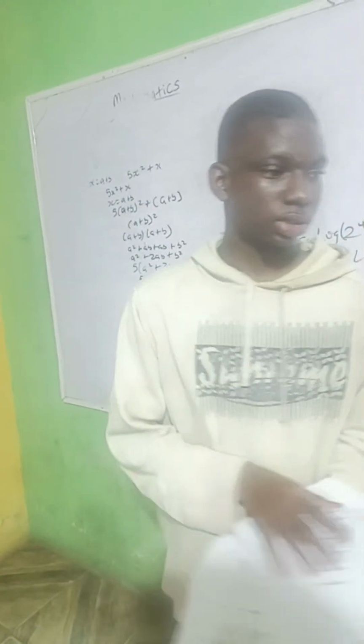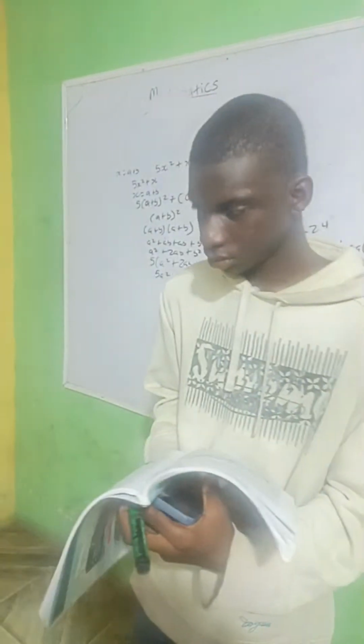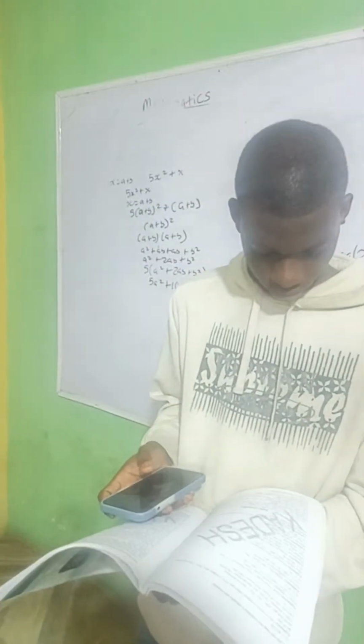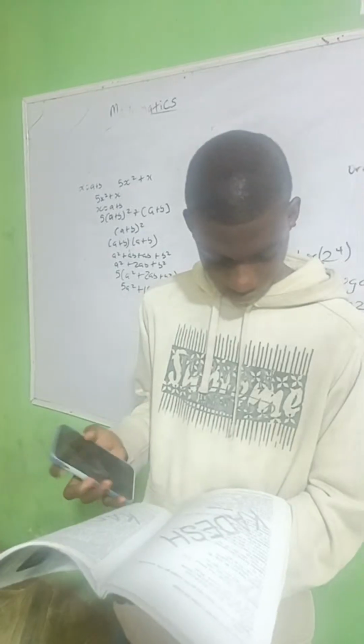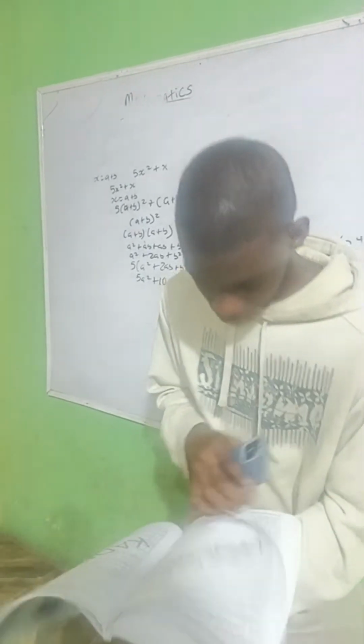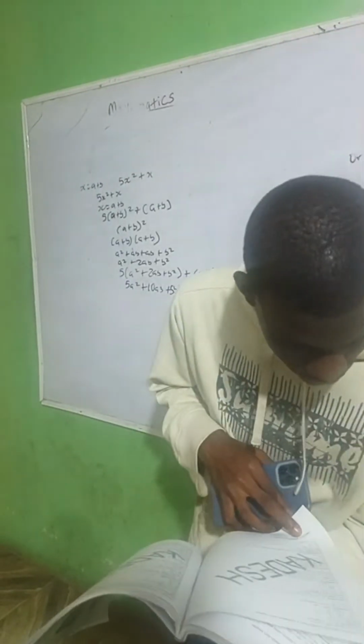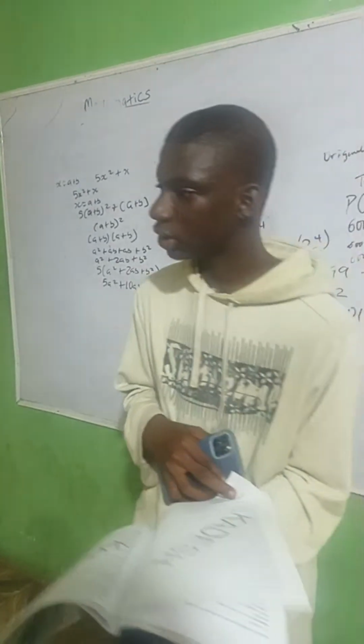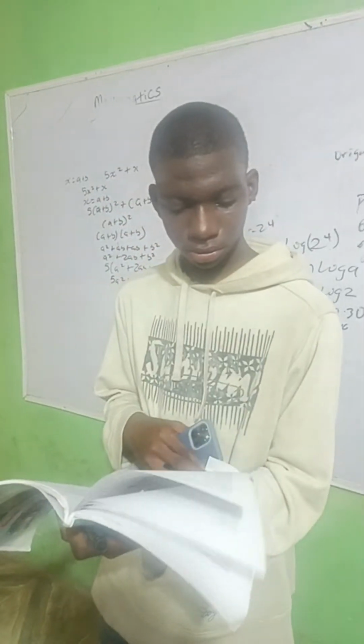I say you should factorize it. The answer is d squared open bracket 3e plus 8 close bracket.